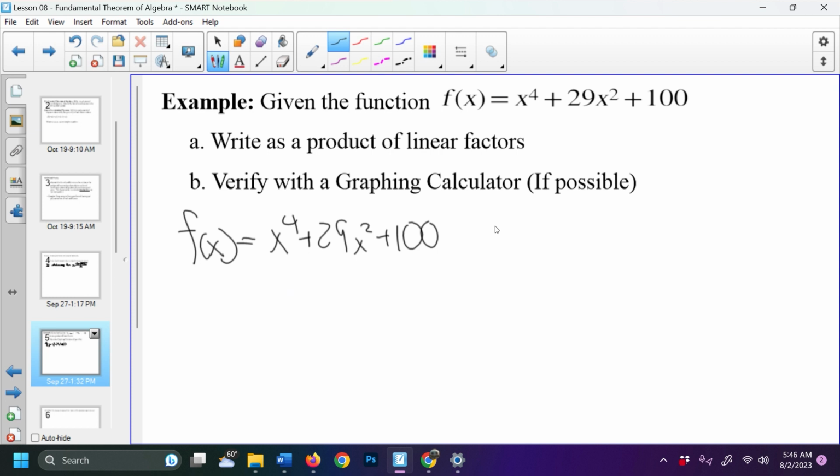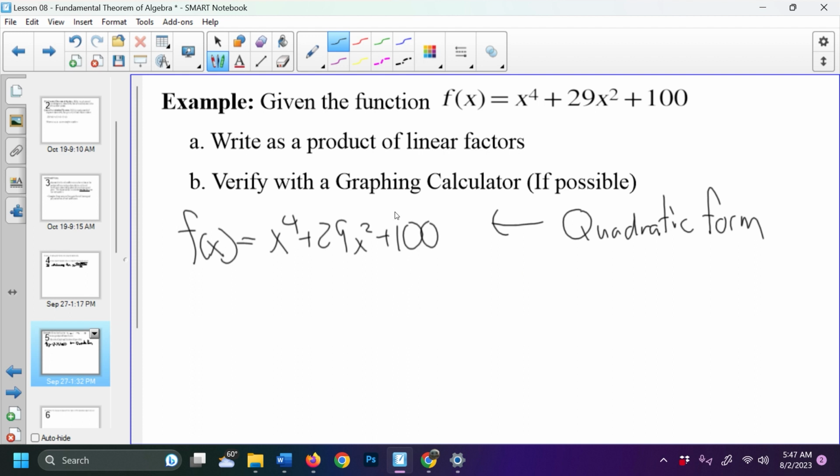And I look at this thing, and this is of quadratic form. I see that it has 1, 2, 3 terms. The final term is a constant, and the degree of the second term is half the degree of the first term. So I know that it's in quadratic form, so I'm going to try and factor it.